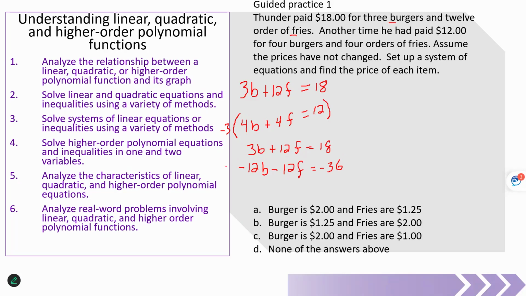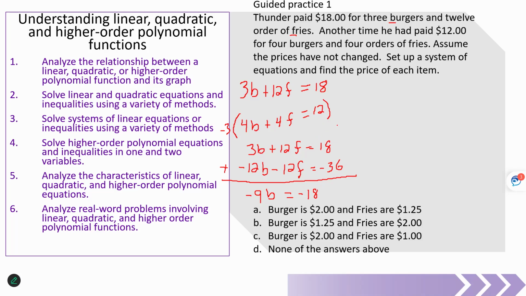So when I add these, they should eliminate the f. That's the idea here, to get one of them to eliminate. So 3 minus 12 gives me a negative 9b. Those eliminate, and we're left with 18 minus 36, which is negative 18.